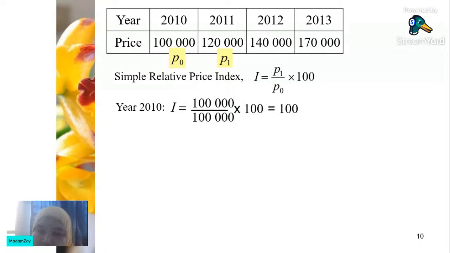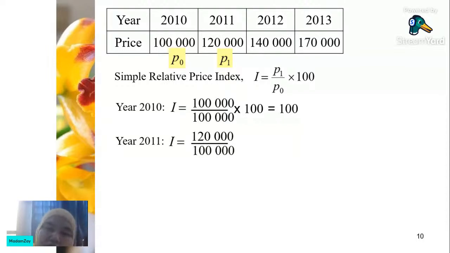So 100. But for year 2011, our P1 will be the price of 120,000. So the price for 2011 will be 120,000 divided by the base year, which is 100,000. So divide, and then multiply by 100, we get 120, the index.